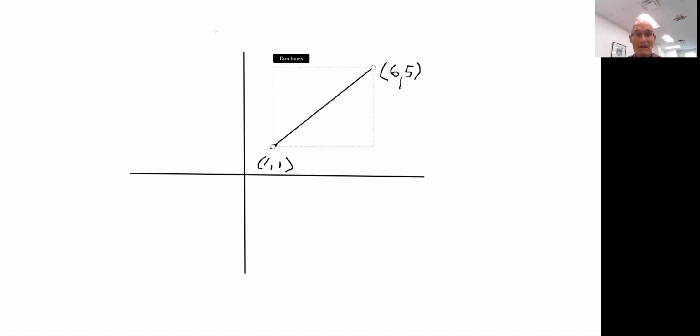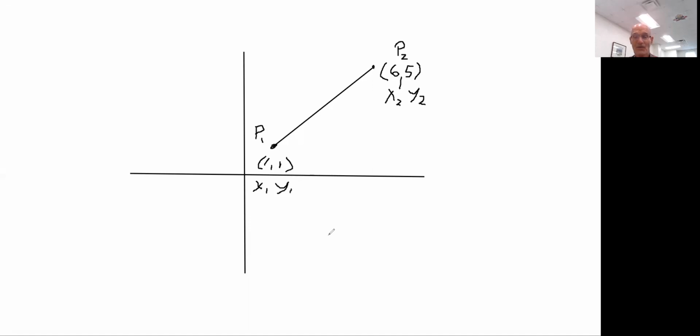I will let this point up here be P2, and I will let this point down here be P1. That makes this x2, and the 5 is y2. And that makes this down here x1 and y1.